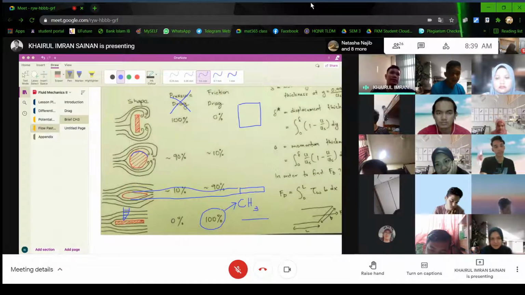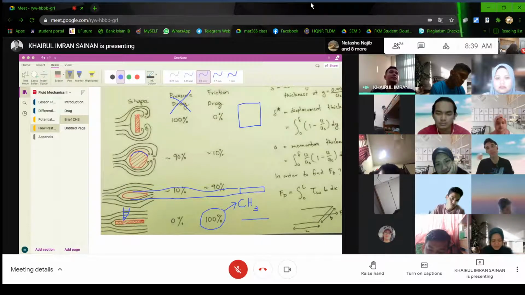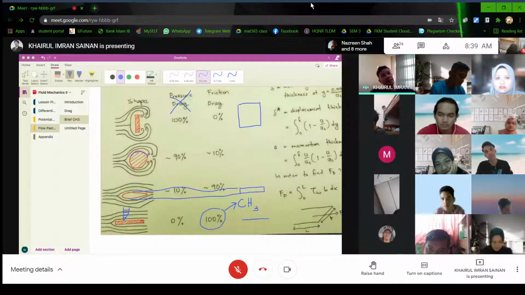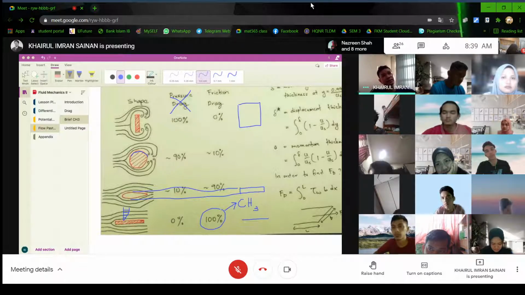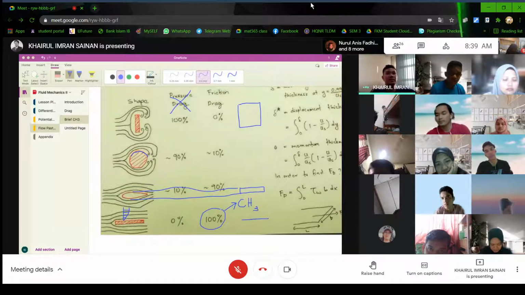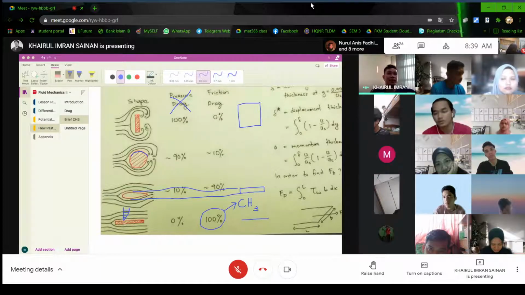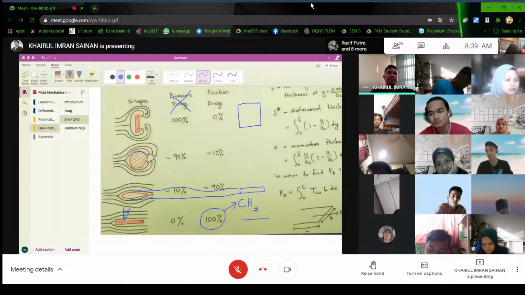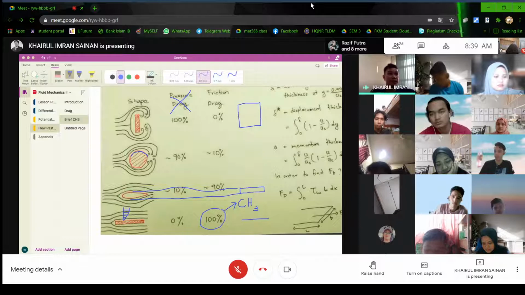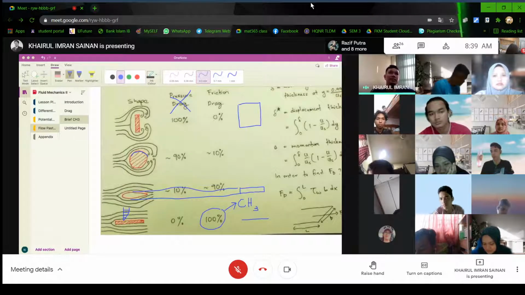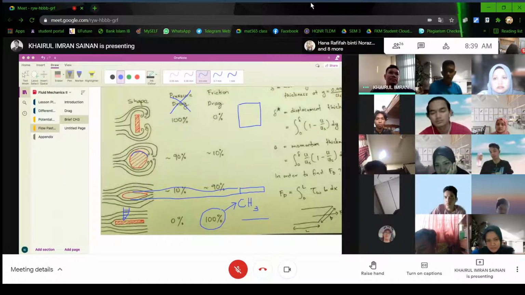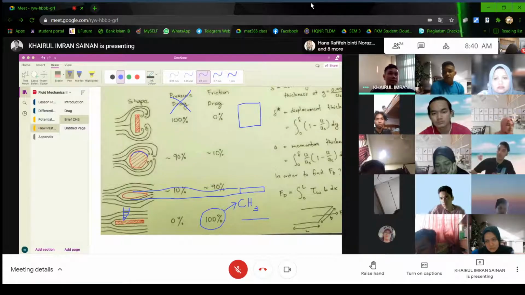If I taught about this chapter, I'm going to teach on an aircraft itself, the drag of an aircraft, as well as the lift. So basically, it's quite clear actually.